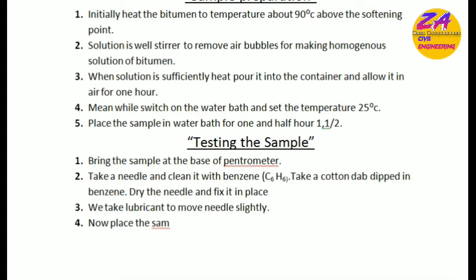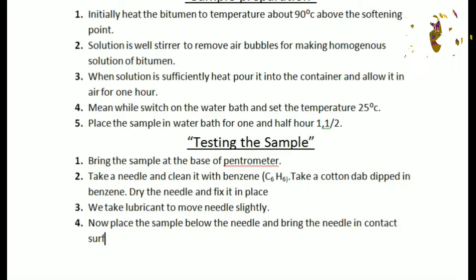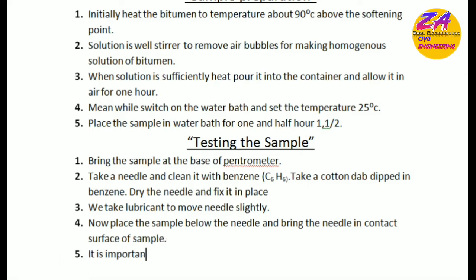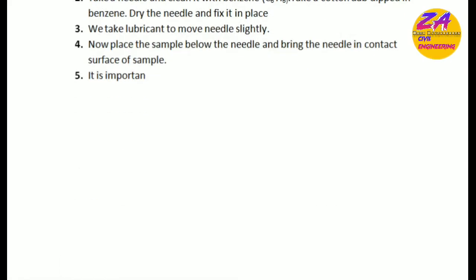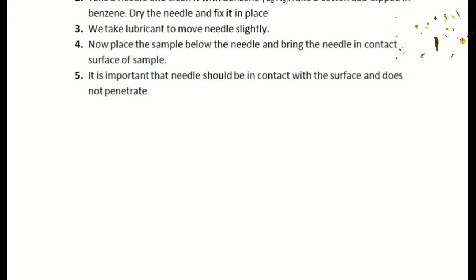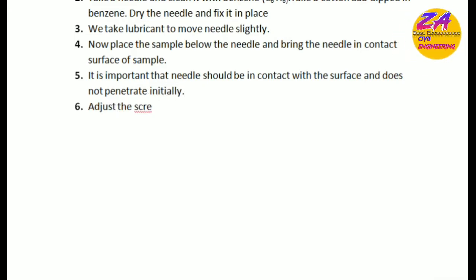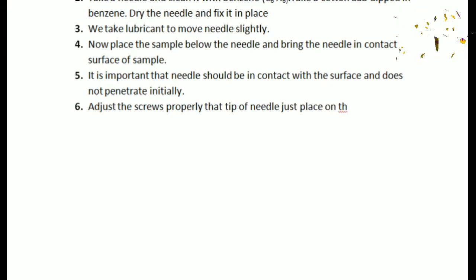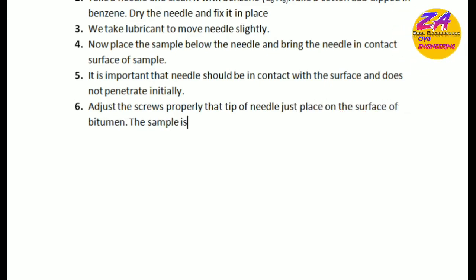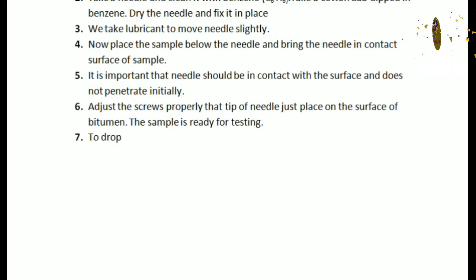Now place the sample below the needle and bring the needle to contact the surface of the sample. It is important that the needle should be in contact with the surface and not penetrate initially. After this, adjust the screw properly so the tip of the needle just touches the surface of the bitumen. The sample is ready for testing.